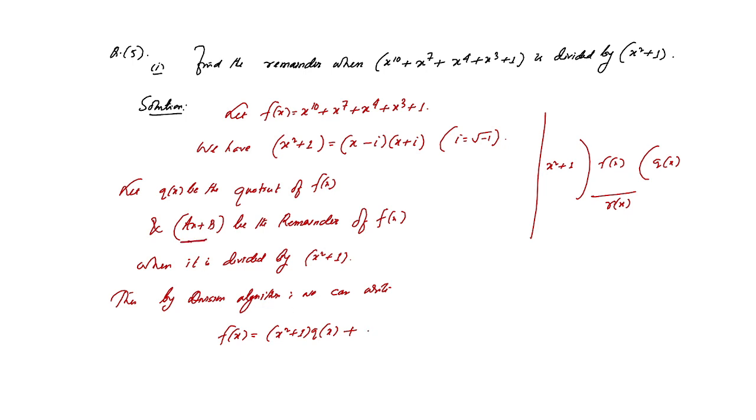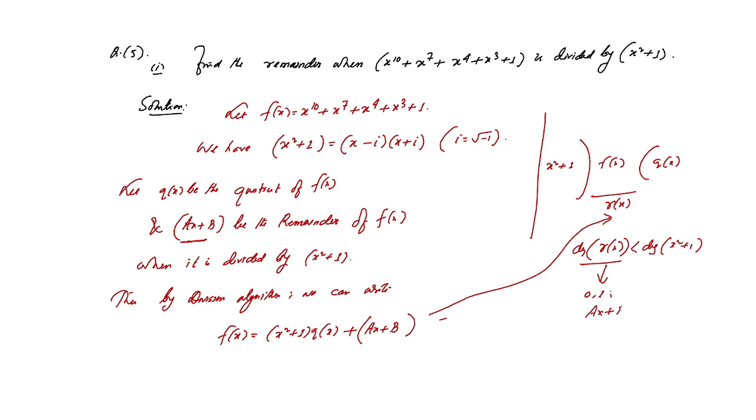So what is the remainder? The remainder is ax plus b. Why? Because the degree of r(x) is less than the degree of x square plus 1. So that means the degree of r(x) is either 0 or 1, and in that case r(x) is of the form ax plus b.